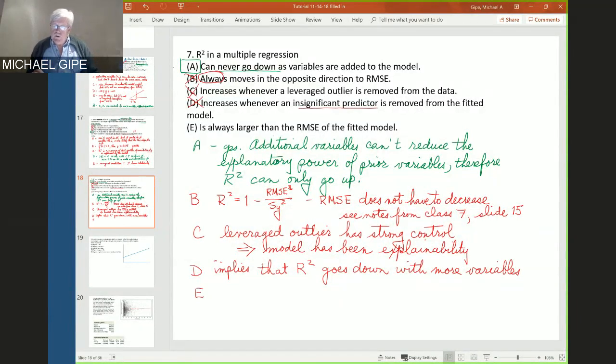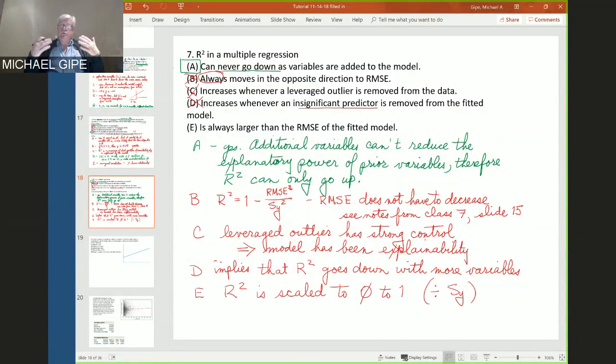Okay, how about E? Is R squared in the multiple regression always larger than the RMSE of the fitted model? No, of course not. R squared, kind of like correlation, is scaled to 0 to 1, somewhere between 0 and 1. Remember, the RMSE is divided by the standard deviation of Y, or if you look at the original value, it's the sum of the squares of the regression divided by the sum of the squares of the total of the data.